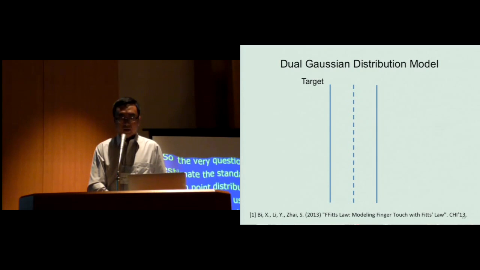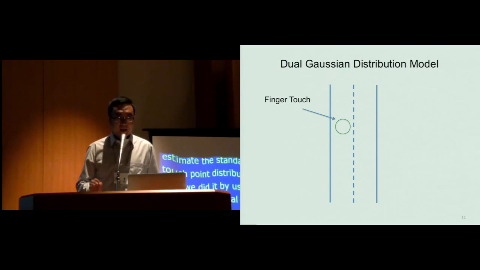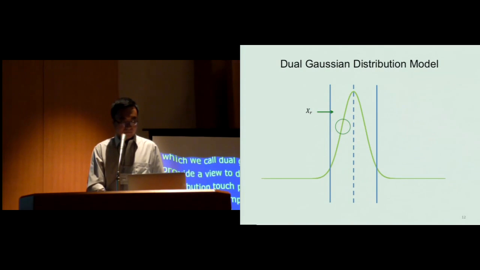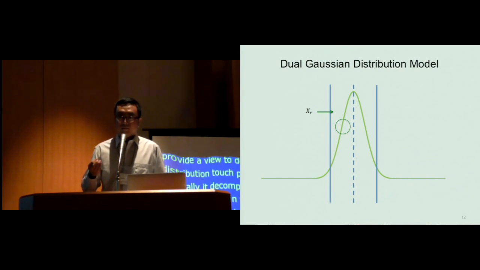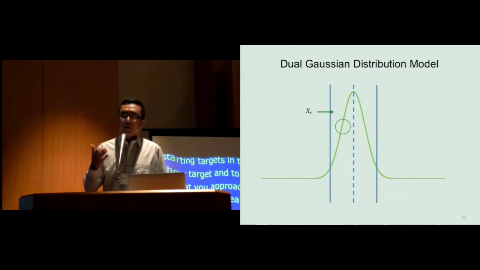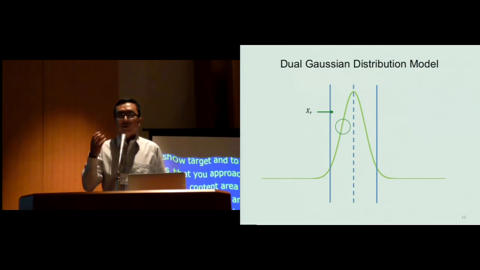Here I show a target, and to select it, the first step is that you put your finger's contact area on the target, and the location of this area follows a Gaussian distribution with the center at the center of the target. This is the first step: you land the contact area of your finger touch. The second step of this target selection procedure is that the contact area will be reduced to a single touch point.